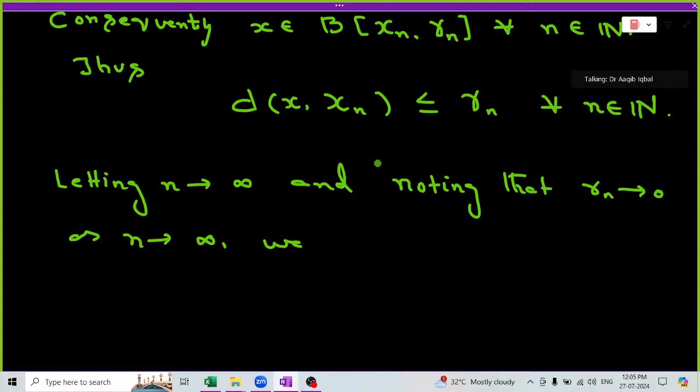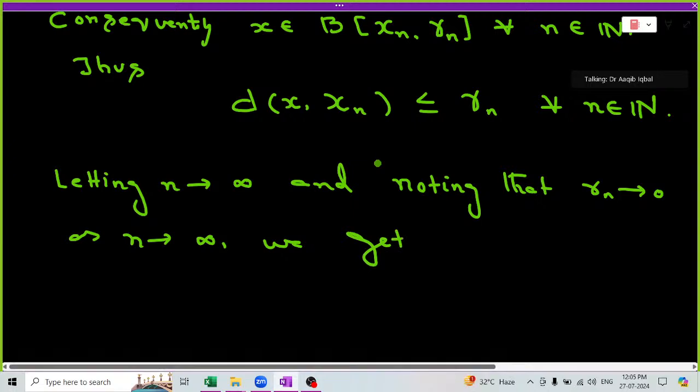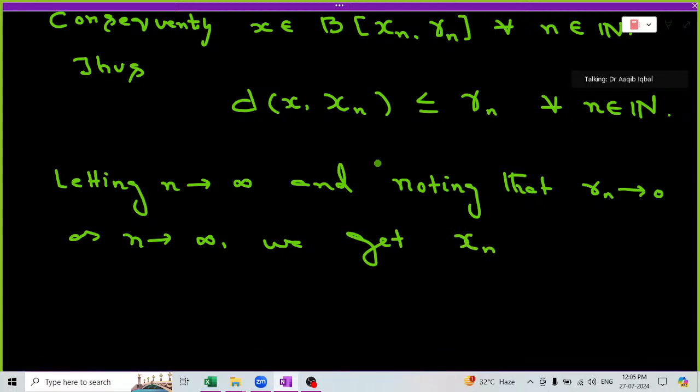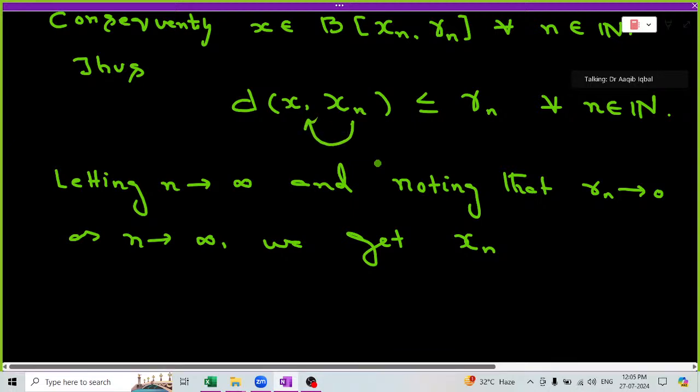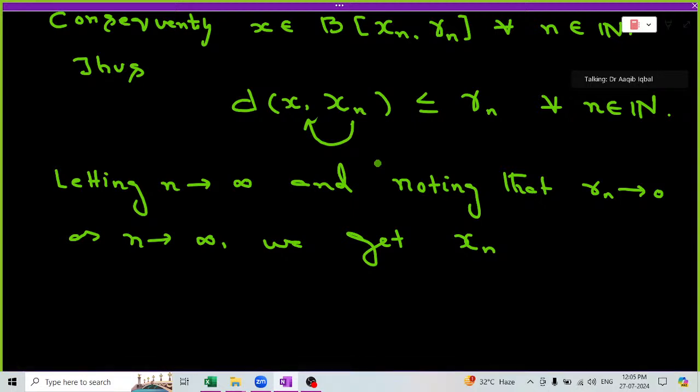We get the sequence xn, because the distance between the nth term and this point x is less or equal to Rn. Rn goes to 0, so by squeeze principle the distance in the limit will be 0, so the nth term is going to x. That means the sequence xn is converging to x. And that means completeness.